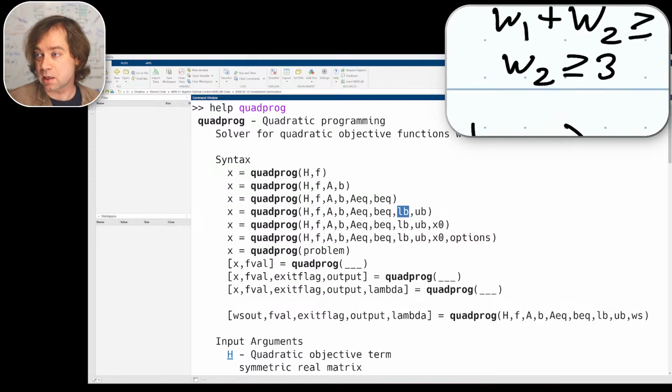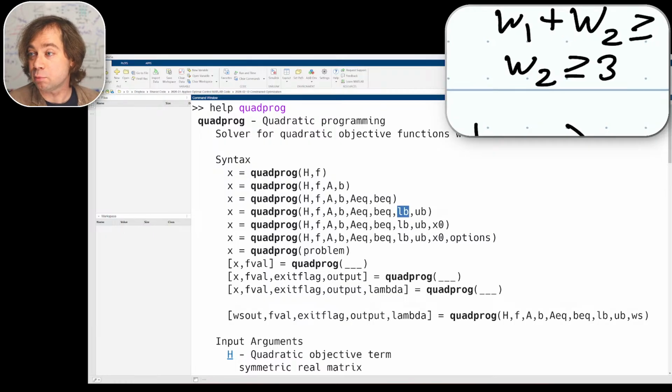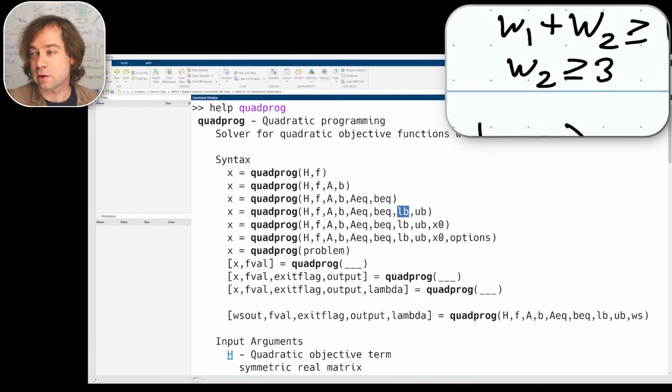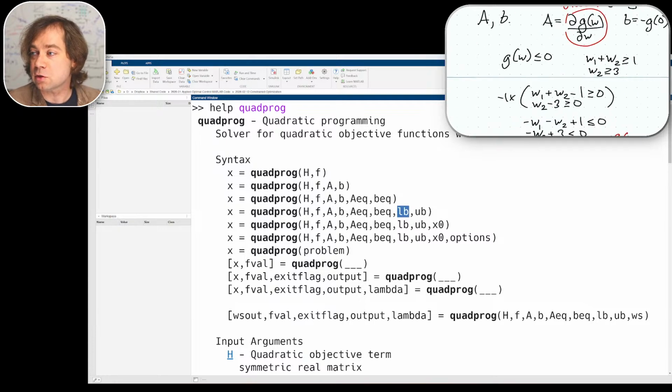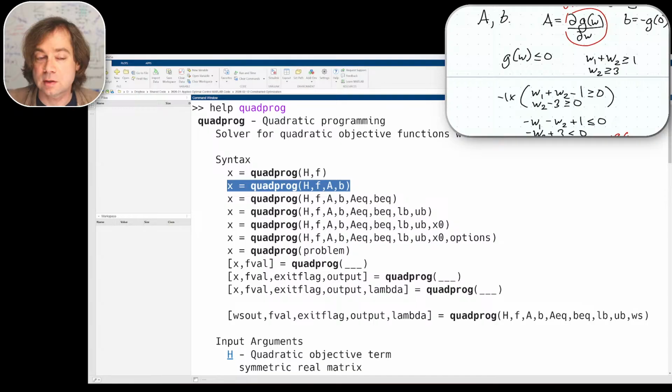That's a lower bound on W. So they spared you a way to go through the rigmarole of putting that constraint in an A matrix. And you can say, hey, I want W2 to be greater than or equal to 3. So anyway, we'll get into those features later. But my point being is we're going to start with this form, where we give it Hessian, gradient, Jacobian over constraint matrix A and B for our linear inequality constraints.